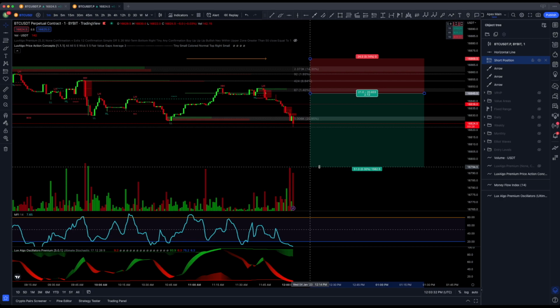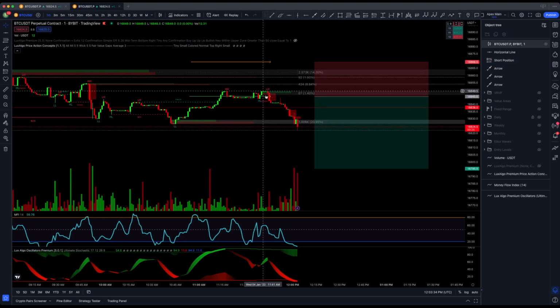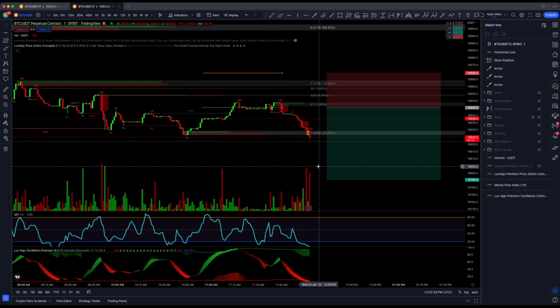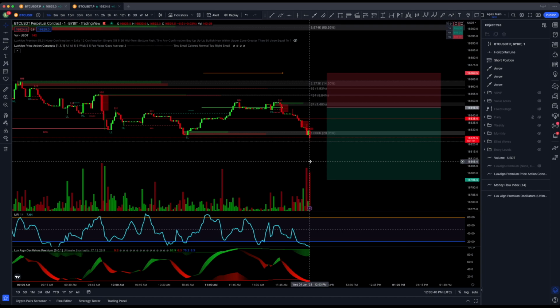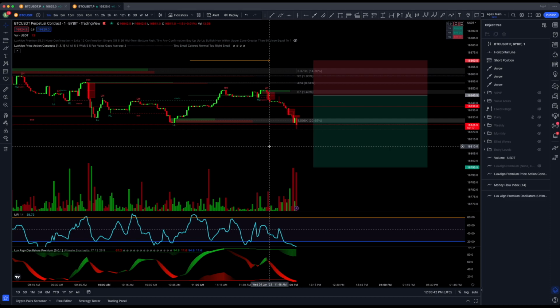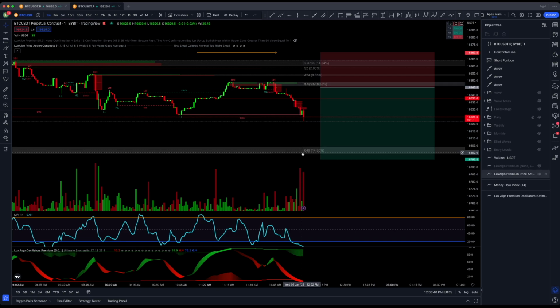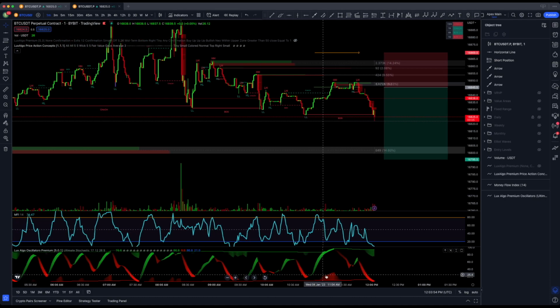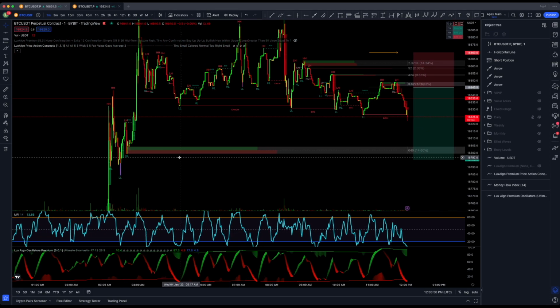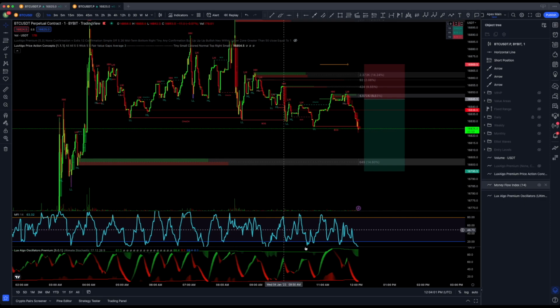$205. This thing could continue. Look, this order block's just opened up here now. 16,800.